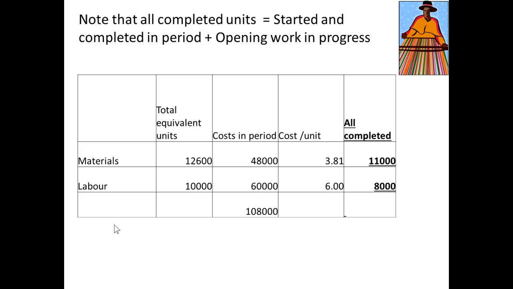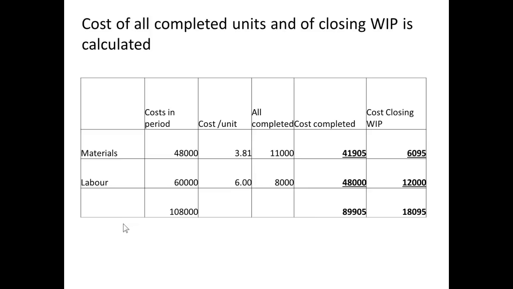So all completed units must be the started and completed in that period plus the opening work in progress. So the completed units for the materials will be 11,000. The completed units for labour will be 8,000. So now let's take the cost of the completed units and the closing work in progress.